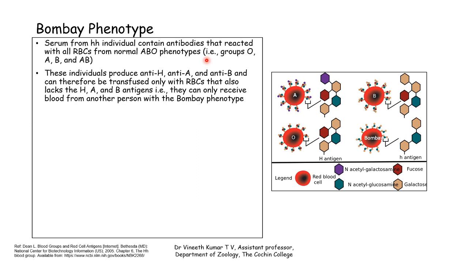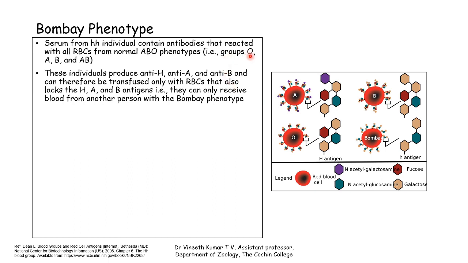As a result, these individuals produce an extra antibody, which is called anti-H. Normally, O blood group individuals have anti-A and anti-B, but Bombay phenotype individuals have anti-H, an antibody against H substance. In normal individuals, their blood will have the H substance, like A, B, AB, as well as O. O is also having a complete H substance.